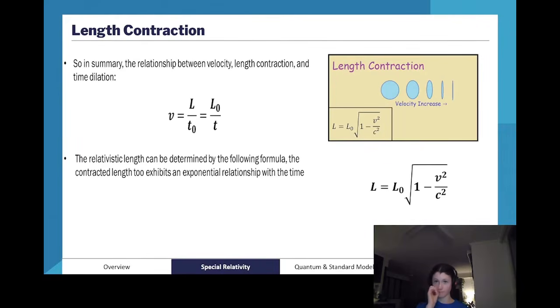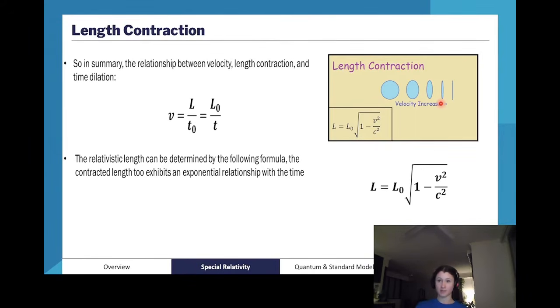So, in summary, the relationship between velocity, length contraction, and time dilation is below. This formula is, of course, just coming from velocity equals displacement over time. Length is just displacement here. As you can see, we have a quick diagram on length contraction.